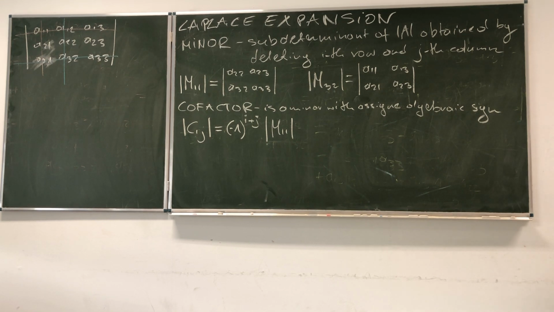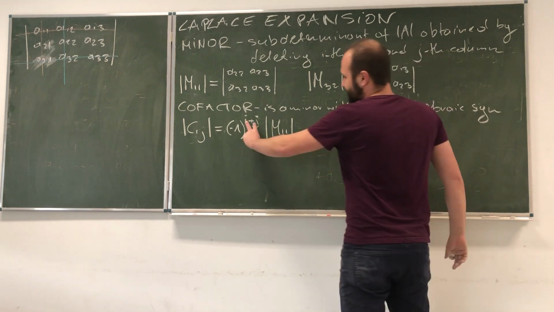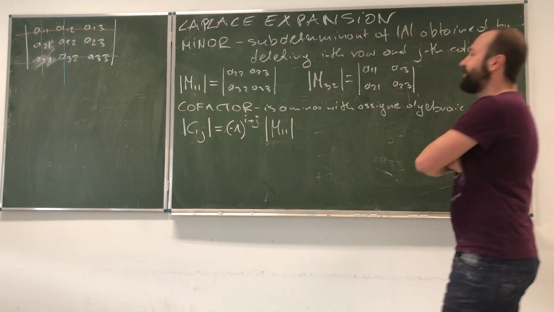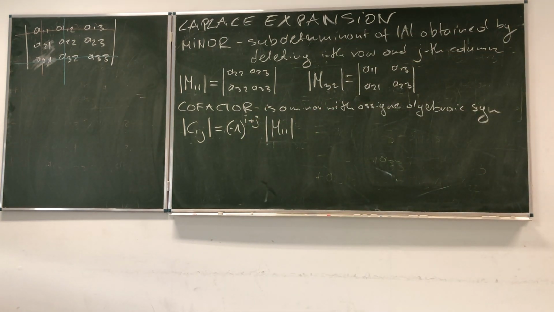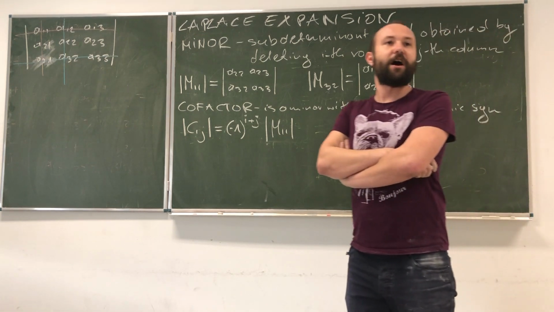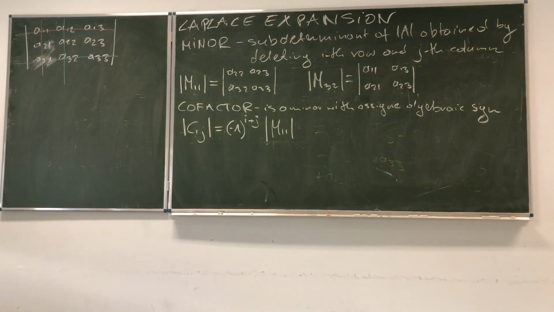So basically we can get here only minus or plus: negative one if the sum of the two is odd, or 1 if the sum is even.